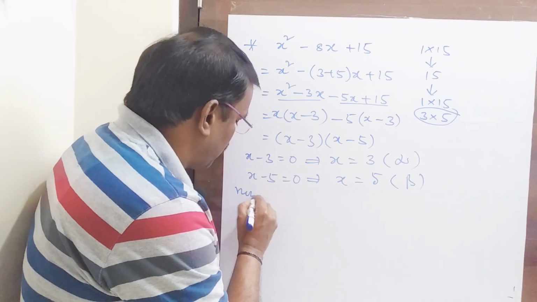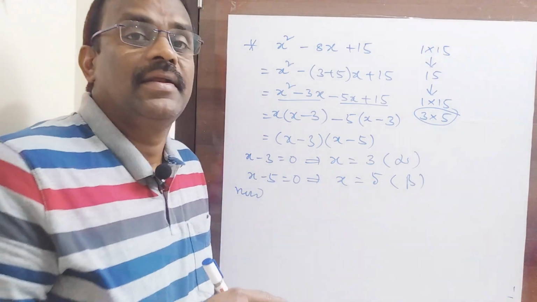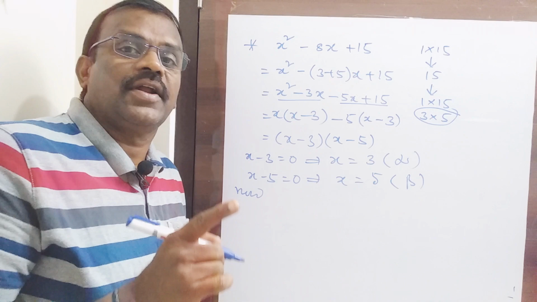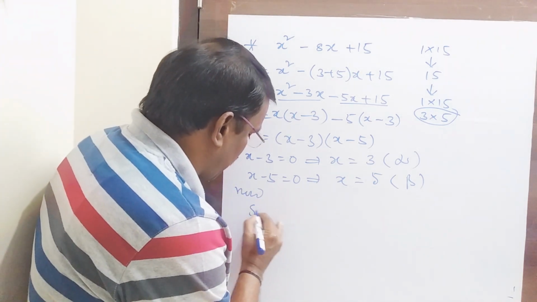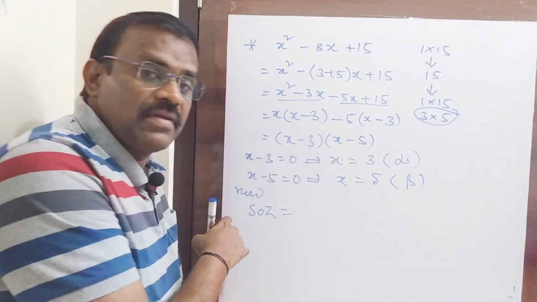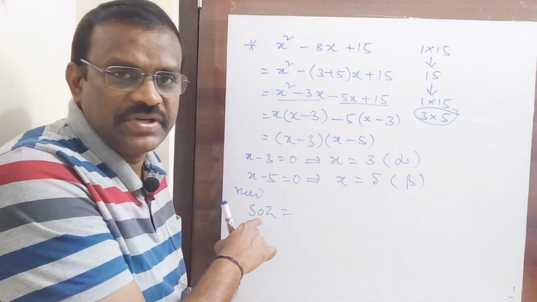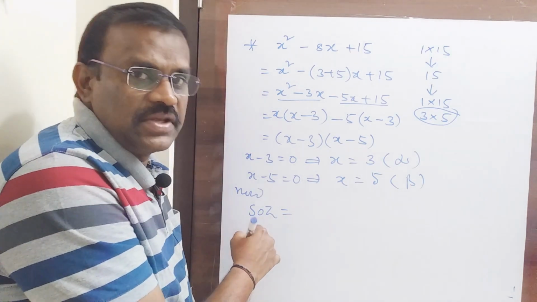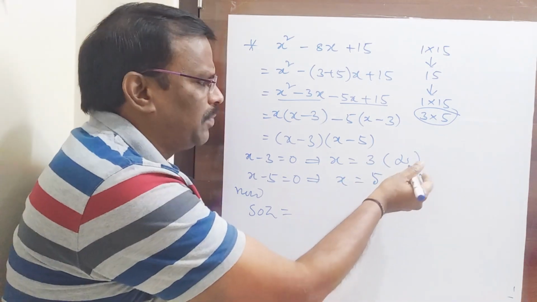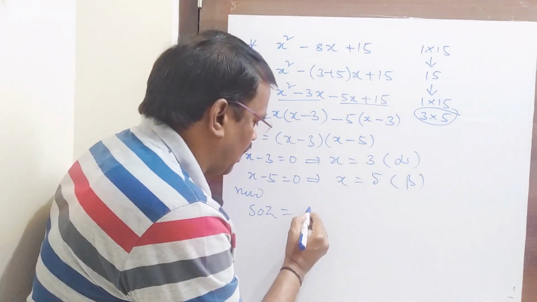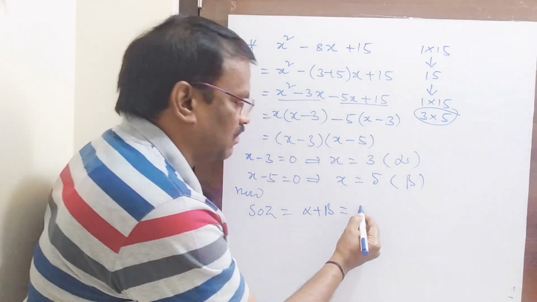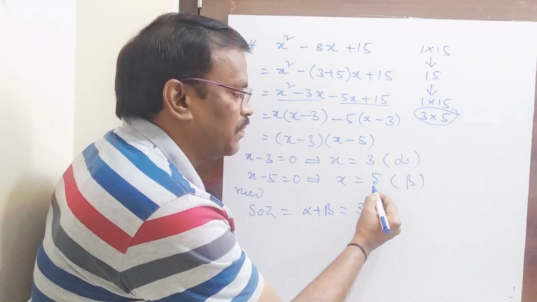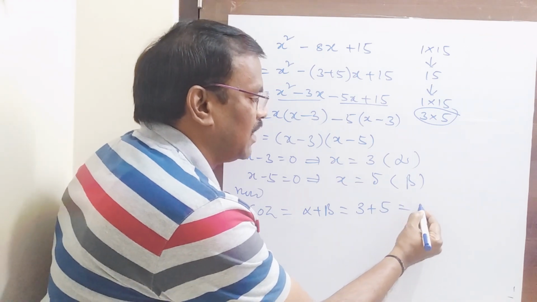Now, we need to compare both the sum of zeros and product of zeros using these values. First, sum of zeros. Please write the full form of SOZ. Sum of zeros is nothing but alpha plus beta. What is alpha? 3 plus beta 5 is equal to 8.